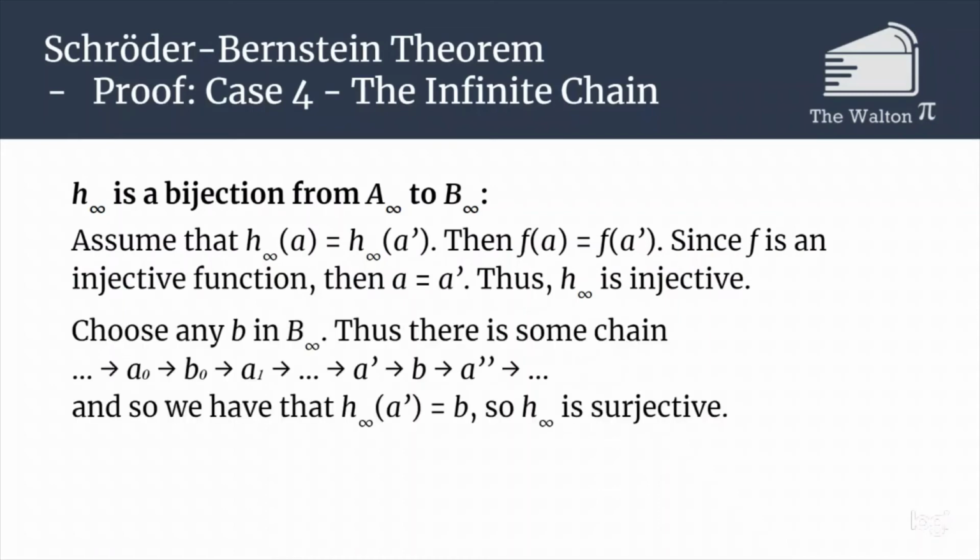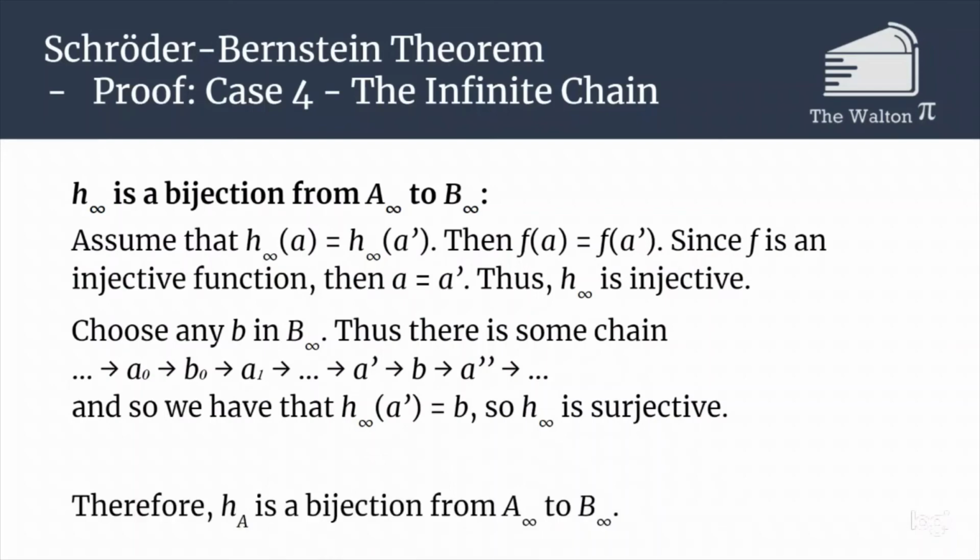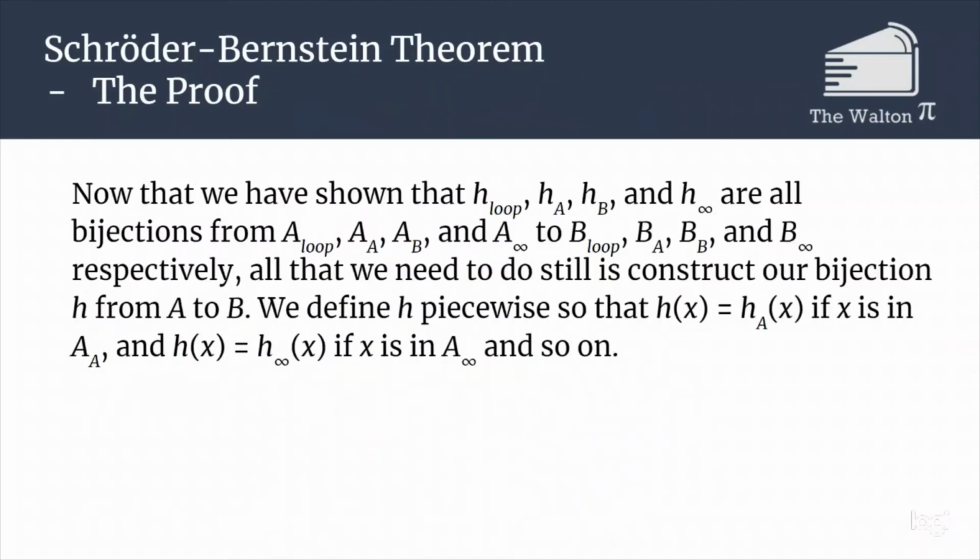To prove it's surjective, start with any b in B sub infinity. That means there's some infinite chain where b shows up. So, because it's an infinite chain, there must be something before it, which in this case we're writing as a prime. So that tells us that h sub infinity of a prime is equal to b, which tells us that h sub infinity is surjective, which tells us that h sub infinity is a bijection from A sub infinity to B sub infinity.